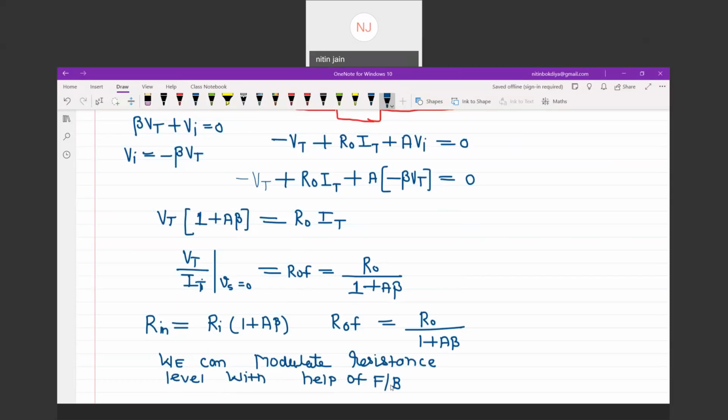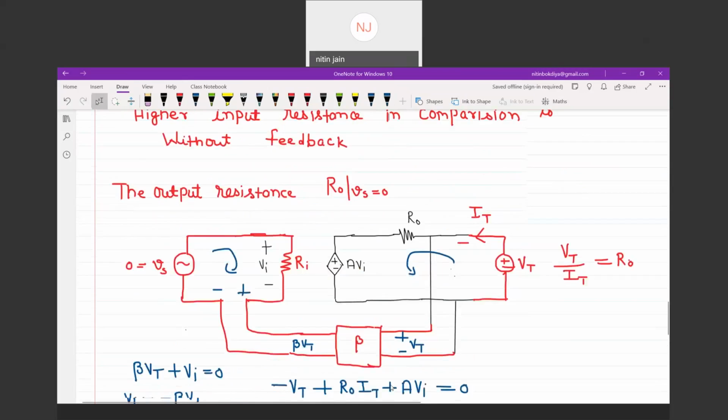So this is our take on why a feedback amplifier is better than the open loop amplifier. So this is the idea.